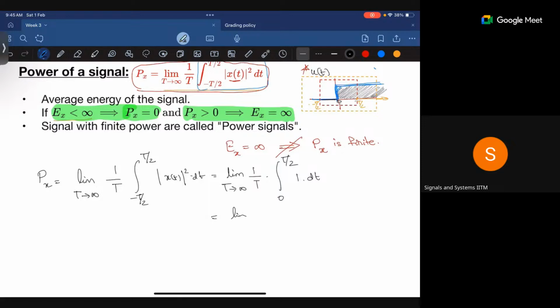If I integrate, I will get t with limits T by 2 and 0. If I substitute, I get limit T tends to infinity 1 by T into T by 2. I'll get half, independent of T now. So this stays as half. So the power of a unit step signal is half.